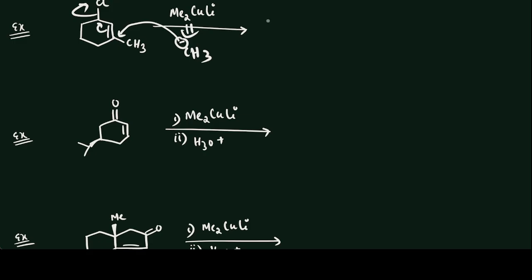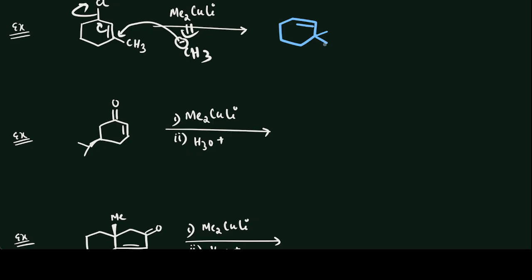So what we will get as the answer here is going to be like this. The leaving group has left, and this is going to be the double bond, and here we have one CH3 and another CH3 will be here. If stereochemistry is mentioned, then if one is above, the other has to be below.